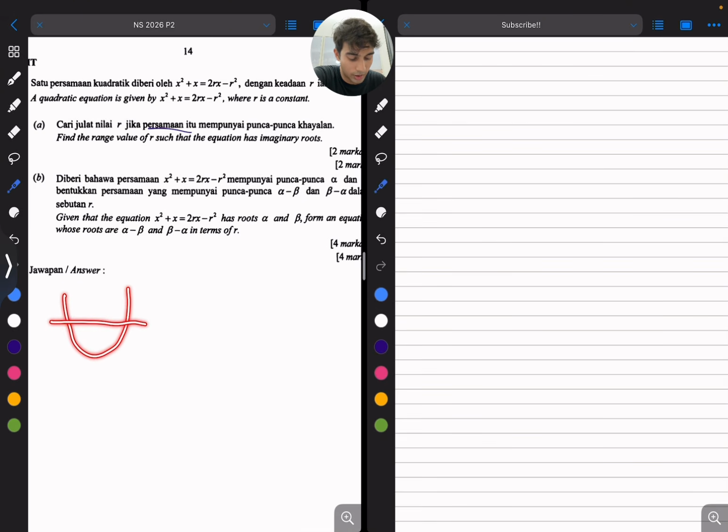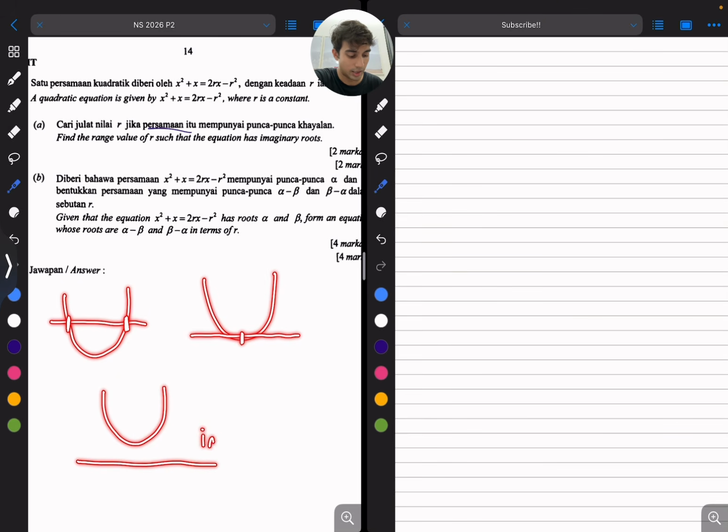If your equation, if your curve is like this, it has two real roots. If your curve is like this, it has one root only, one real root. If your graph is like this, it has imaginary roots because it doesn't intersect the x-axis, so it doesn't have real roots.